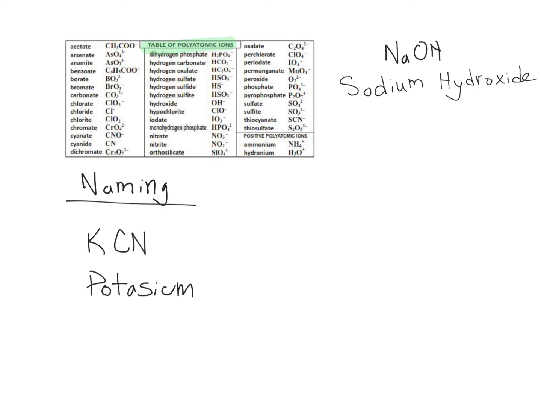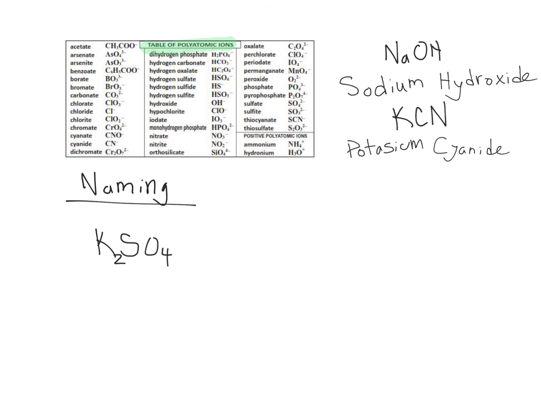And then you are going to be looking for this second part, CN, in our table of polyatomic ions. Now I know that CN can be found right here. And in order to write the name of that CN, all I'm going to do is copy the name that is in the table. So in this case, the name for CN is cyanide. So we have potassium cyanide.